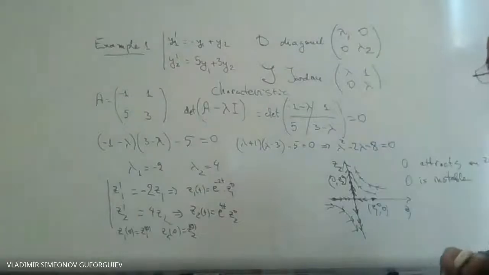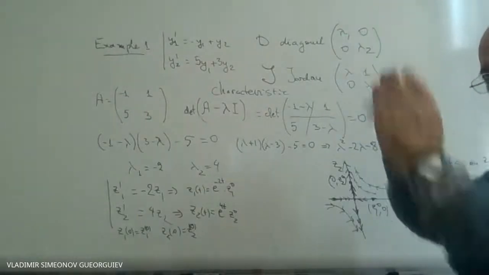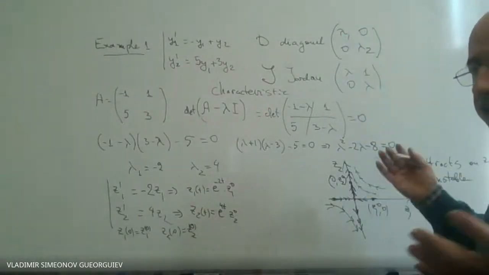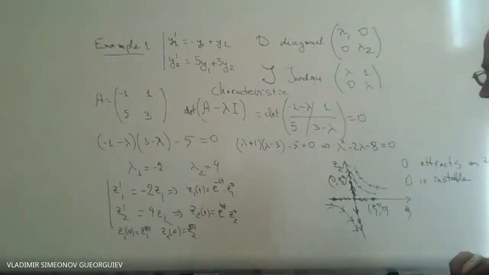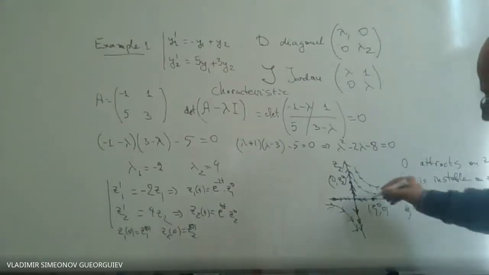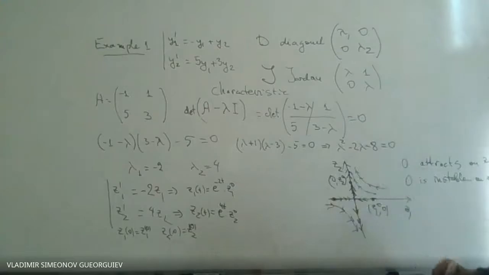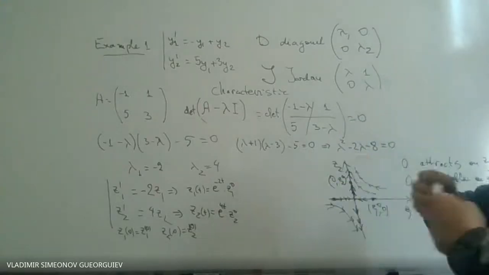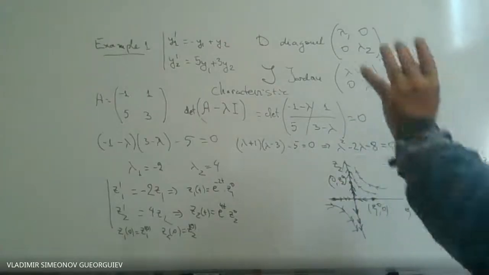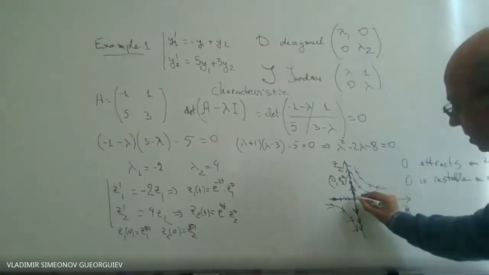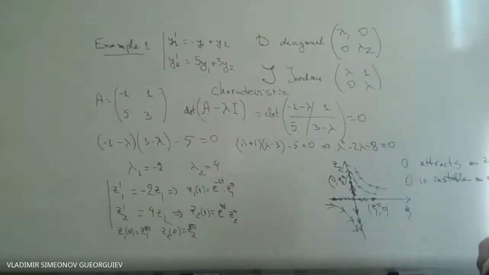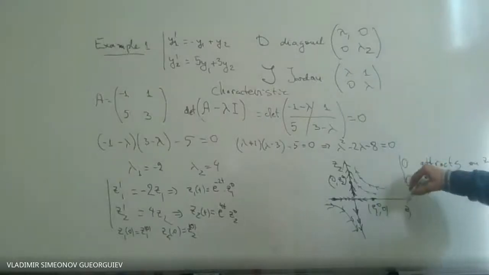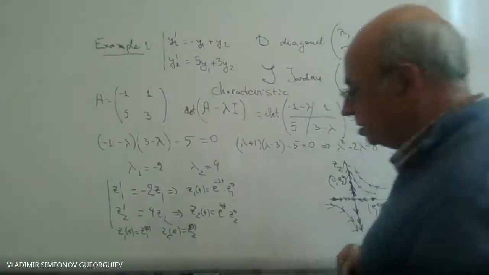This means this is a direction in which, for example, everything can become exponentially increasing. Unstable on Z2. Why is it unstable? Because our solutions, instead of approaching, go far away from our stationary point.